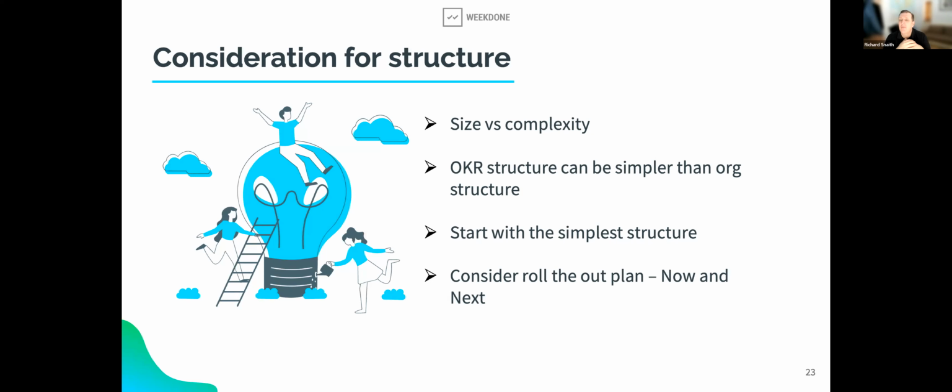We're expecting in even a quarter to double or triple the number of people in the company. There, instead of starting just with the company level, we might say, well, we want to start with the team OKRs. There's one person in each of the teams now, but very quickly there's going to be more added. And this allows us to add people in, but keep the alignment and keep the focus on improvements clear.